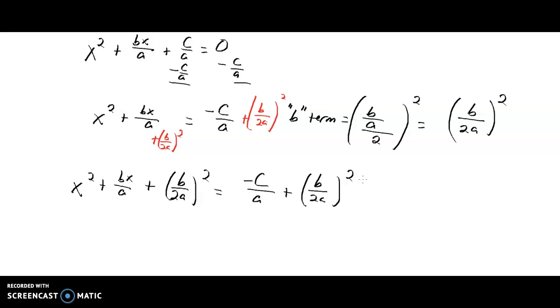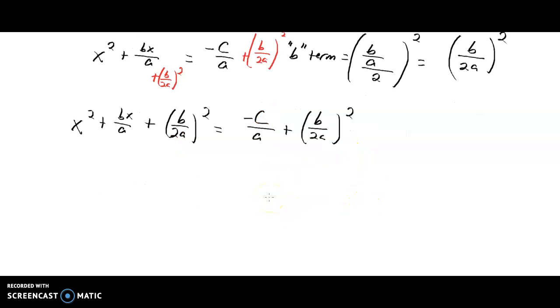So I now want to go ahead and factor this side over here. And then I want to go ahead and simplify this side over here. We want to get it as simplified as possible. So when I'm factoring, my b term is going to be the b over 2a. So I'm going to have x plus b over 2a, squared.